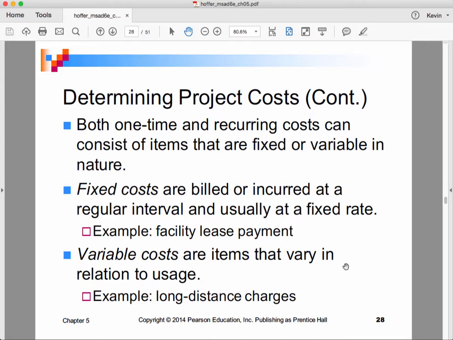Fixed costs are billed or incurred at a regular interval and usually at a fixed rate. A good example of this would be rent. And variable costs are costs that are going to vary in relation to usage. For instance, long-distance telephone charges.